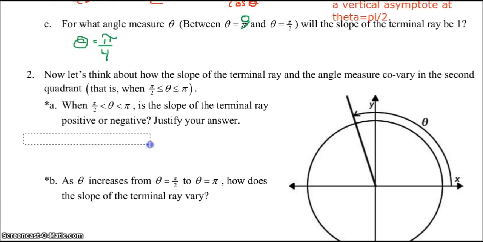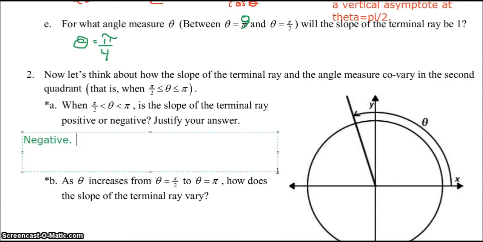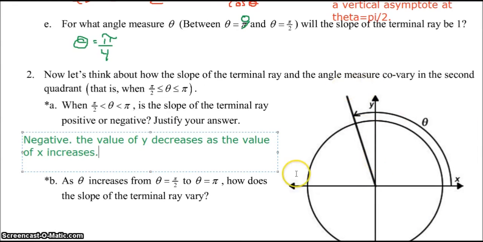Well, looks negative to me. Let's see, the value of y decreases as the value of x increases. That's one way that I know, like any line over here will have a negative slope.